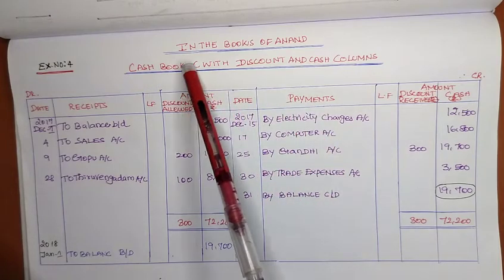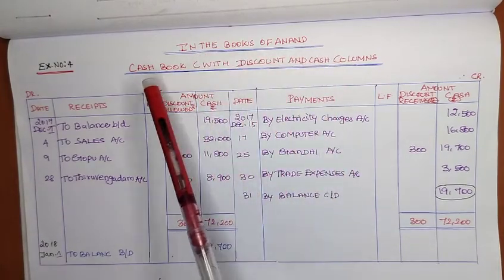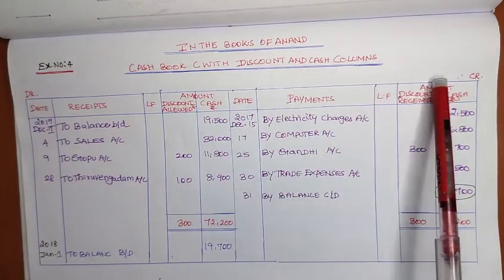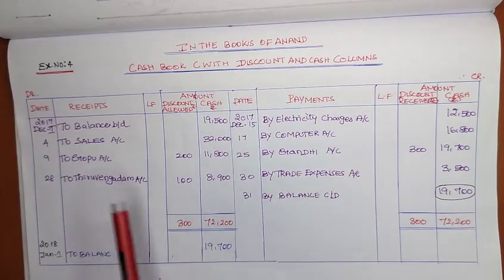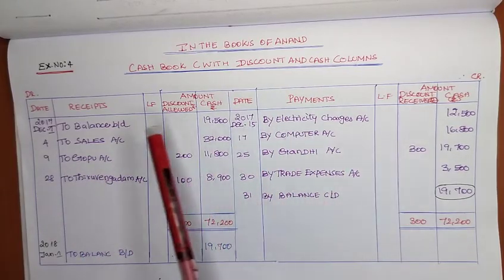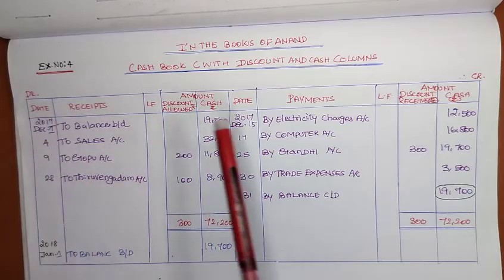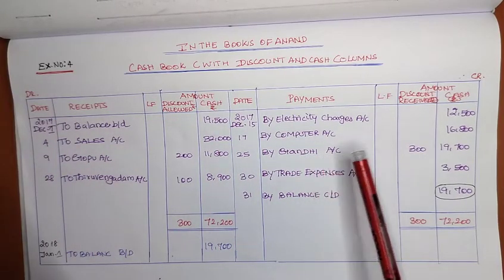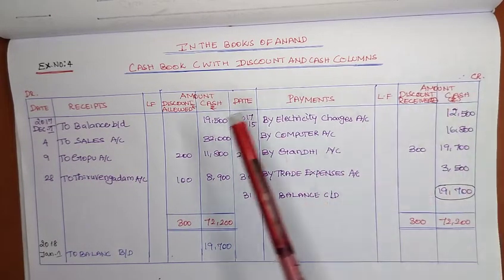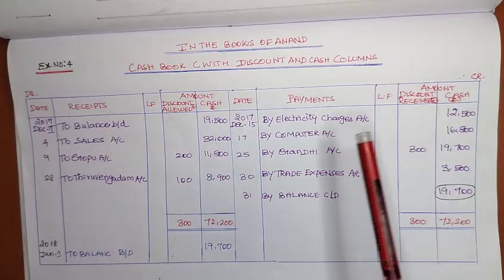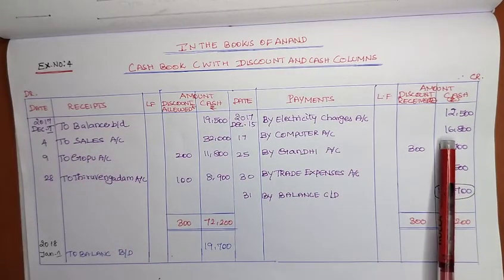The title of the cash book is: In the books of Anand, cash book with discount and cash column. The double column cash book is divided into two parts, the debit side on the left and the credit side on the right. The debit side has 4 columns, and the credit side also has 4 columns.